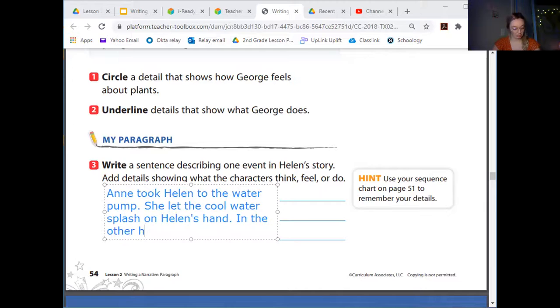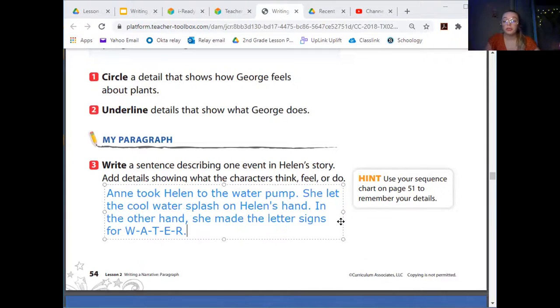In the other hand, she made the letter signs for WATER for water.